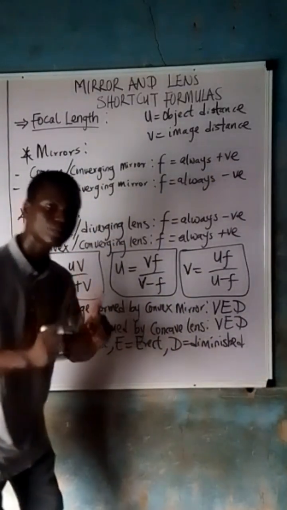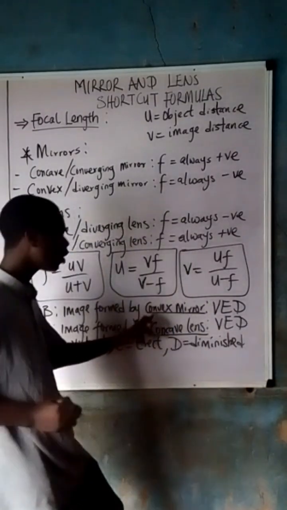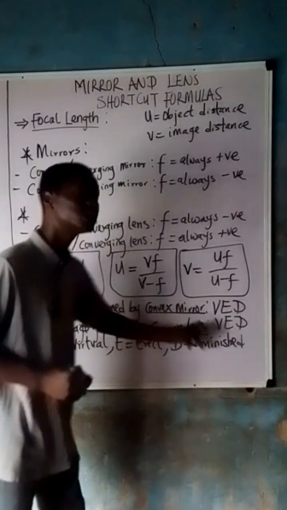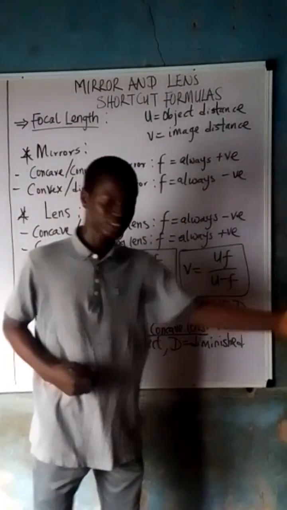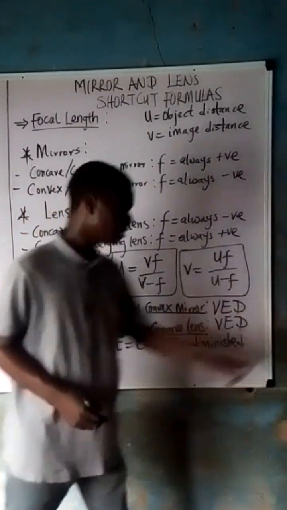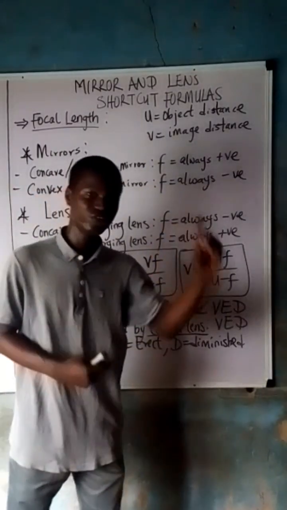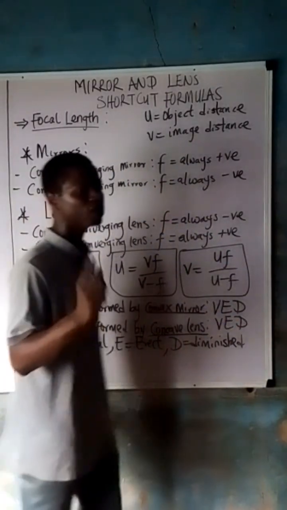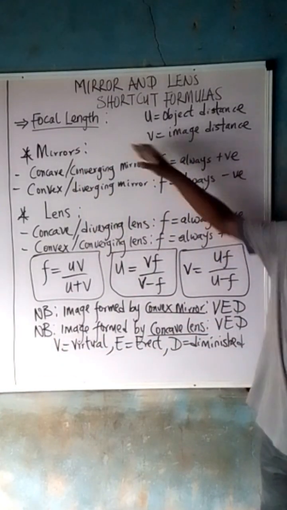This applies especially to convex mirror and concave lens. Take note of this. When the mirror is convex, the image formed is VED. When the lens is concave, the image formed is also VED. Now there is something I want to add before we conclude these shortcut formulas for finding focal length of a mirror or a lens.